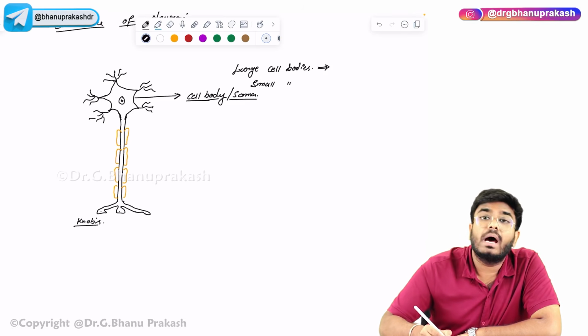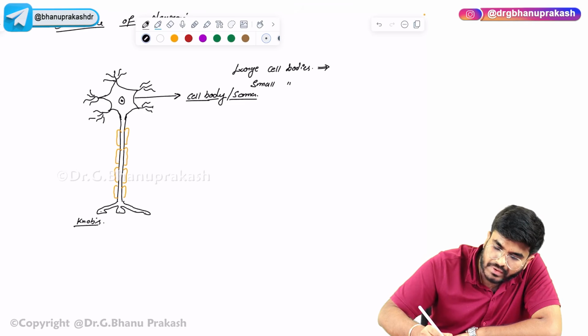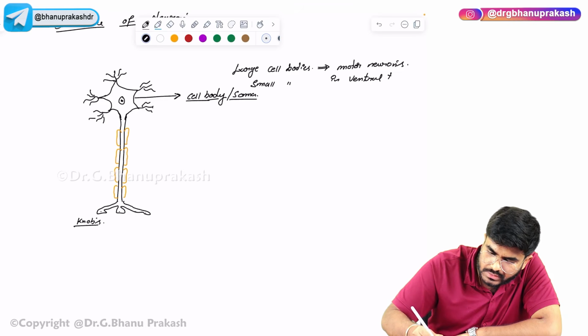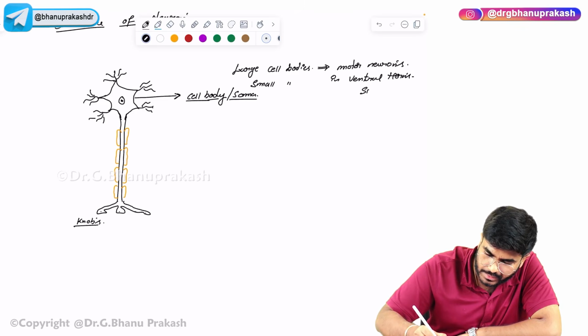Large cell bodies are there for those neurons present in the ventral horn of the spinal cord, the motor neurons in the ventral horns of the spinal cord.